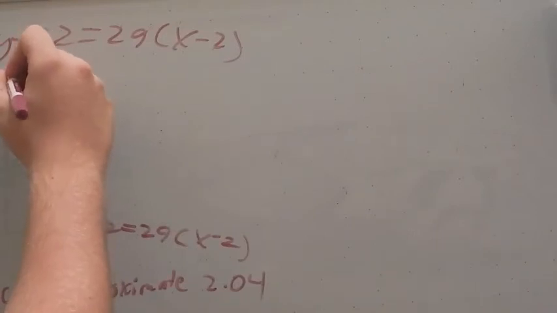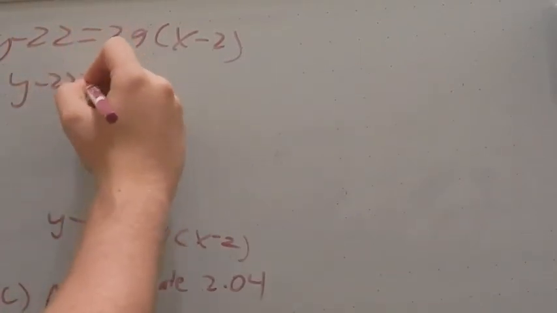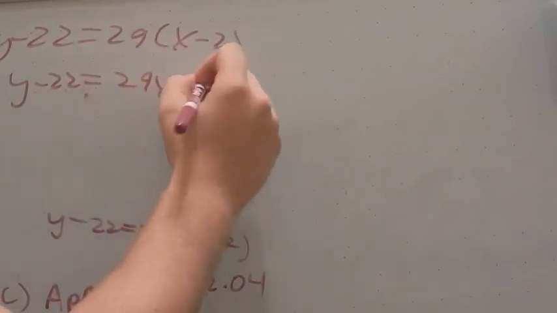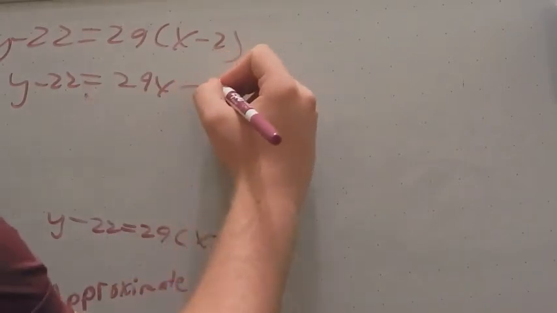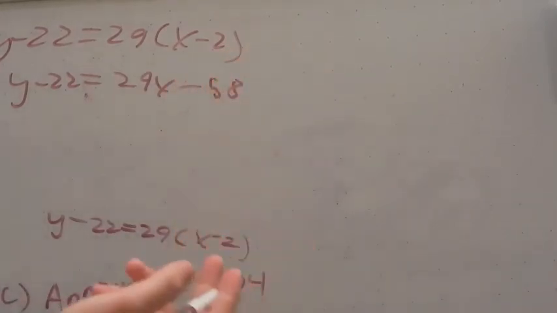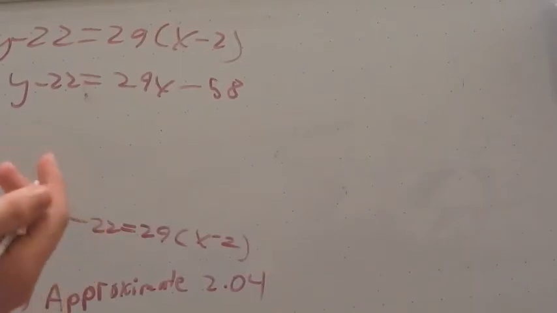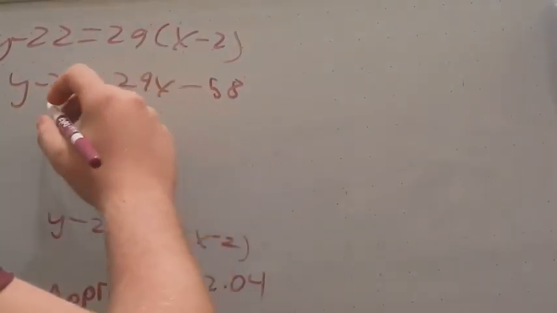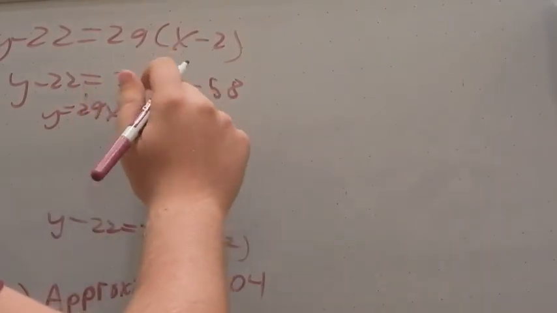So y minus 22, oops, sorry about that, equals 29x minus 29 times 2 is 58. Okay, and then you add 22 to the other side, you would get 36. So y equals 29x minus 36.